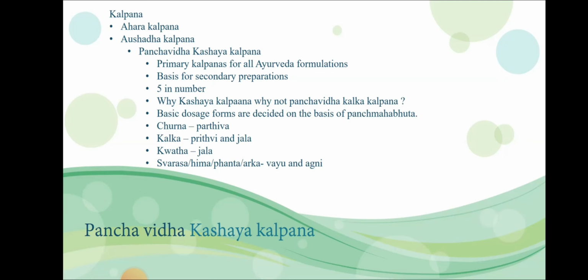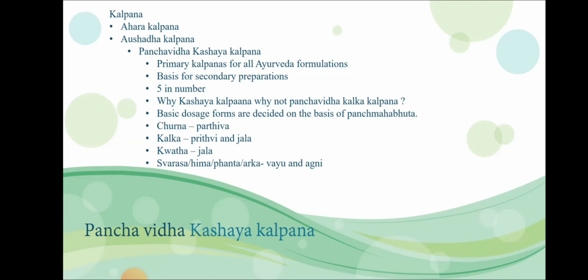Kanthasya Kashanat: while you are drinking the Kashaya, you will have a mild irritation over the throat region. That is known as Kanthasya Kashanat. Prayogo Roganam Vapi Kashanat: since it eradicates or alleviates the disease, it helps to cure the disease. The last part is the important one, Kashaya Shabdasya Pradhanyat.